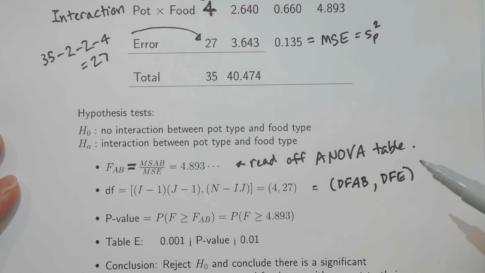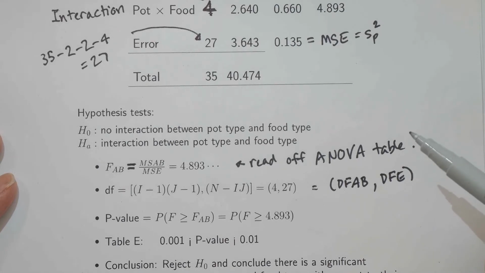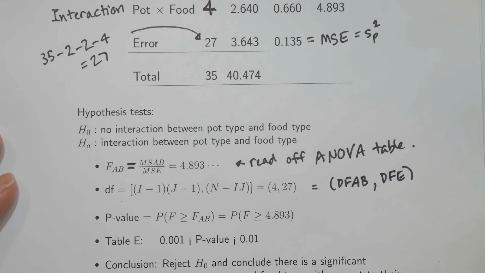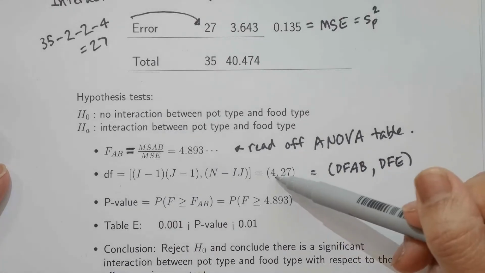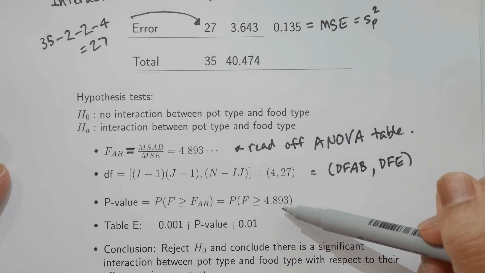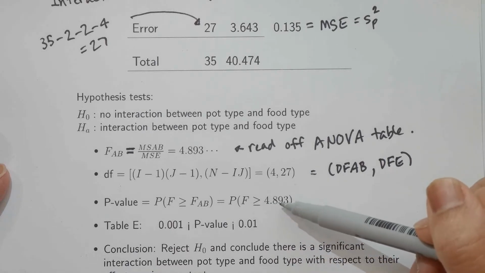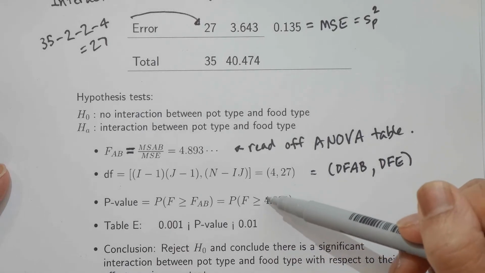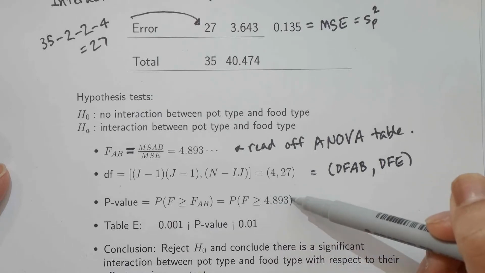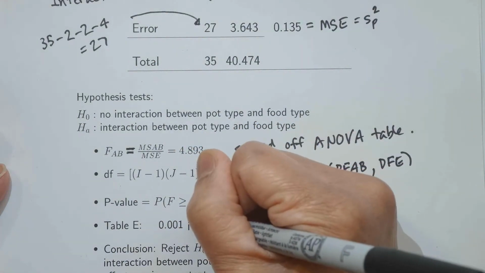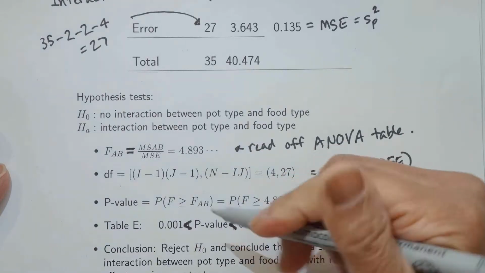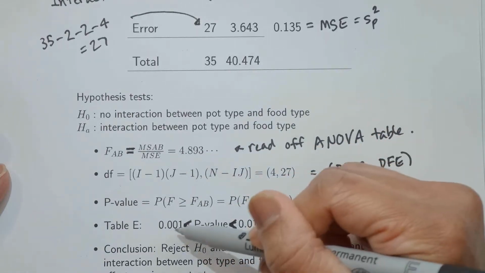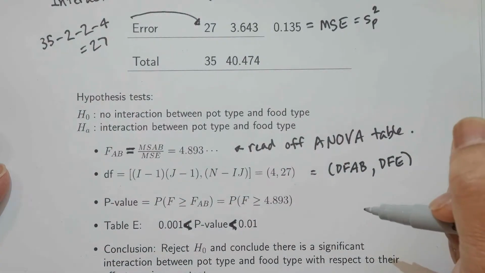And then calculating our p-value requires us to use table E, look up for 4 and 27 degrees of freedom, where F is greater than or equal to our statistic, 4.893. And what we see is that our p-value lies between 0.001 and 0.01.